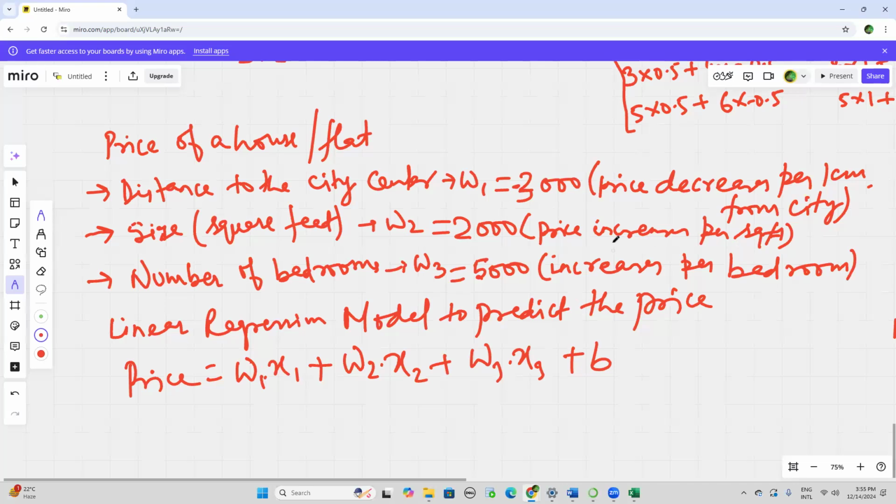So now are you understanding why the weightage is an important parameter? Why I've taken the price of a house or flat? Because we all have experienced this, so we know this. That's why this weightage matters. Any question before I proceed? What's B here? B is a constant.